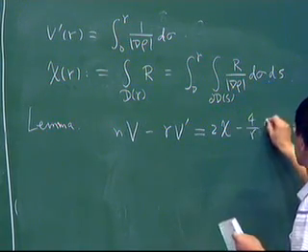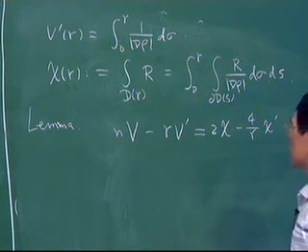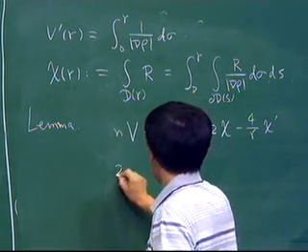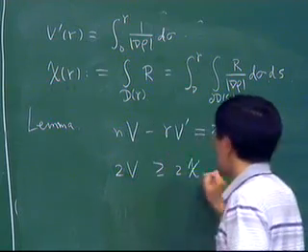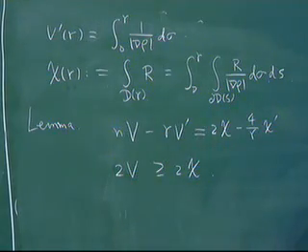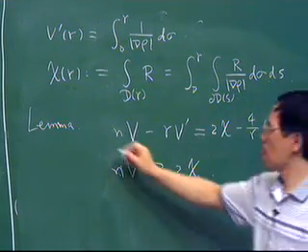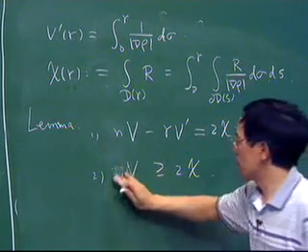Four over r, and we also have n. This is n.